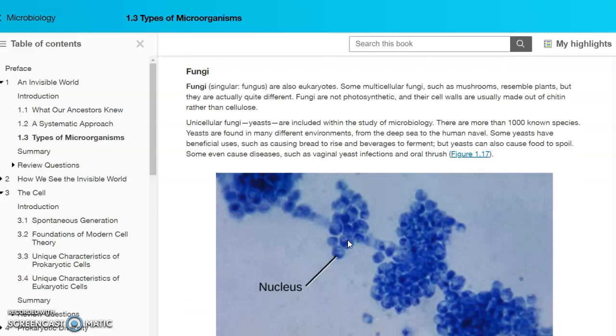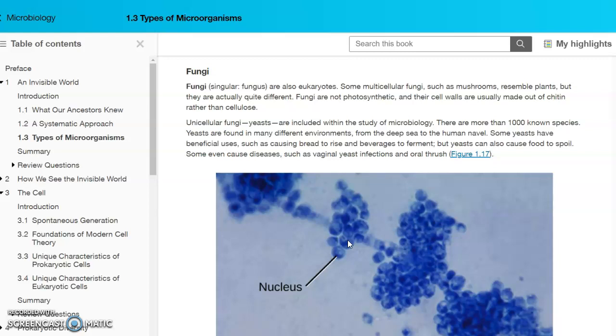Fungi, also eukaryotes. We grouped the fungi with plants for a really long time because we didn't really understand fungi, but now we realize that they're not photosynthetic. They do depend on other sources for their nutrition. And their cell walls are made of chitin rather than cellulose.